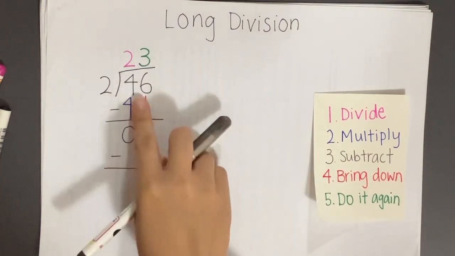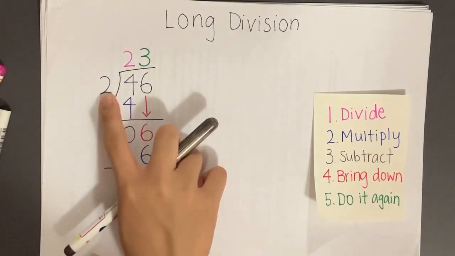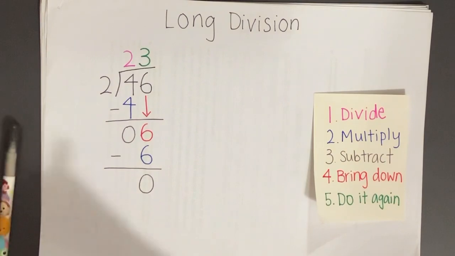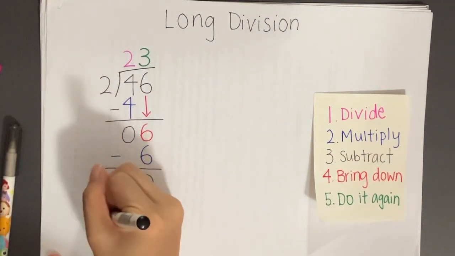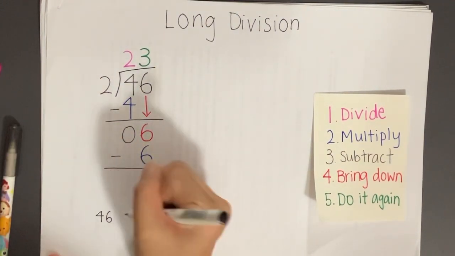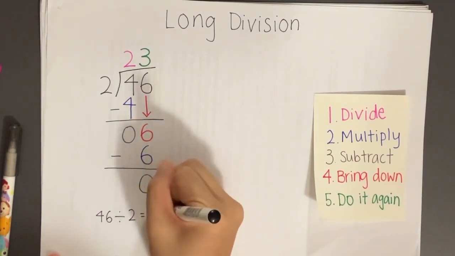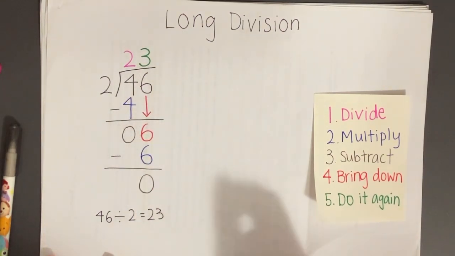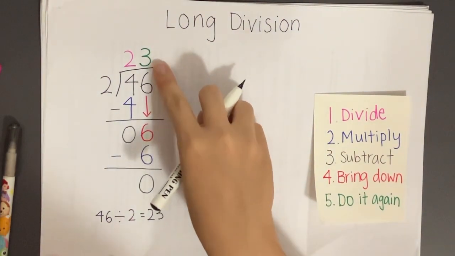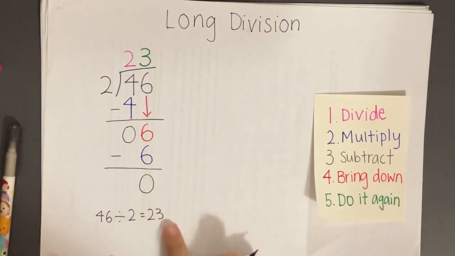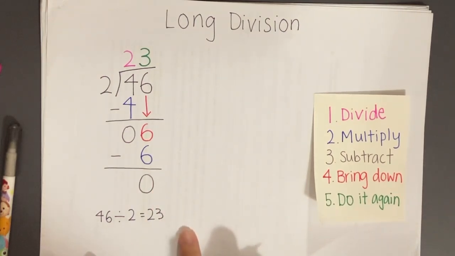So 46 divided by 2 is 23. If I write my equation, 46 divided by 2 is 23. 23 is my quotient, and my remainder is 0. So I don't need to write a remainder at the back.